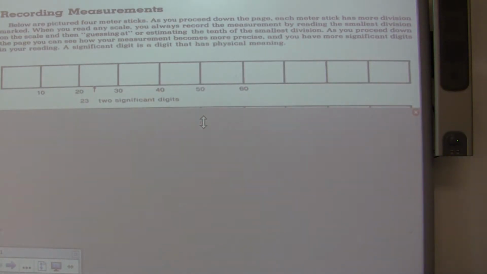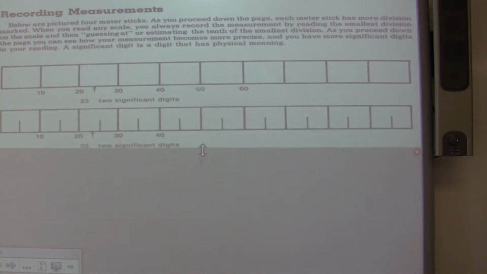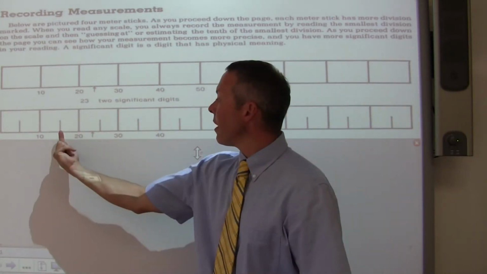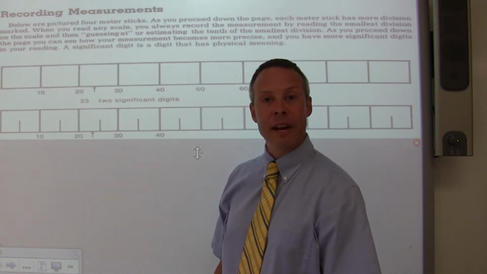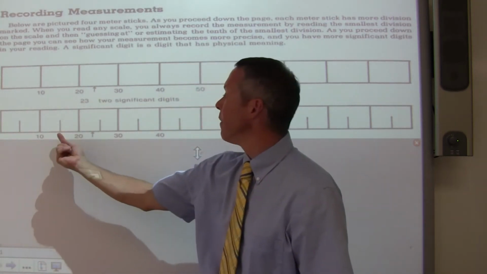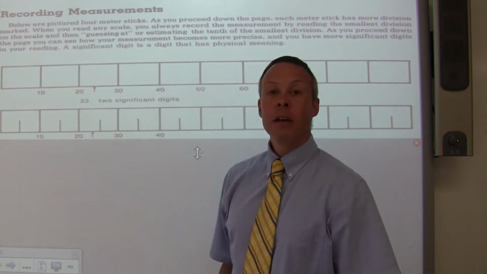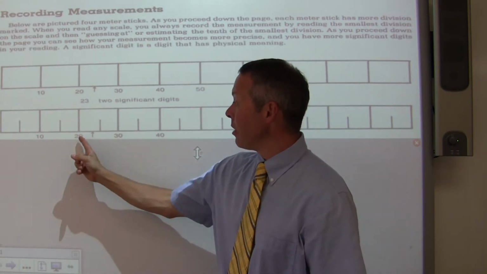How about this ruler? This ruler, again, is counting by tens, but it also has the mark in between, counting by fives now. So you can see 0, 5, 10, 15, 20, 25, 30, and you look at the arrow to show you the length. You know it is greater than 20.